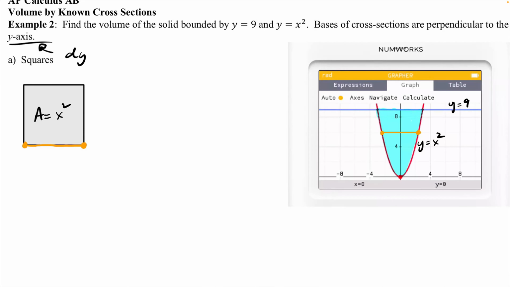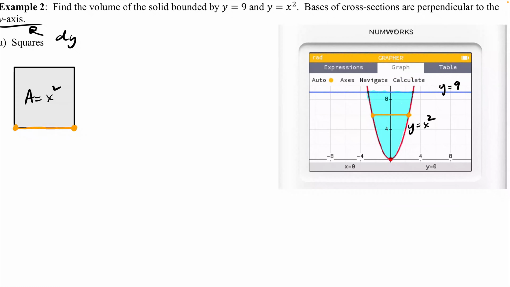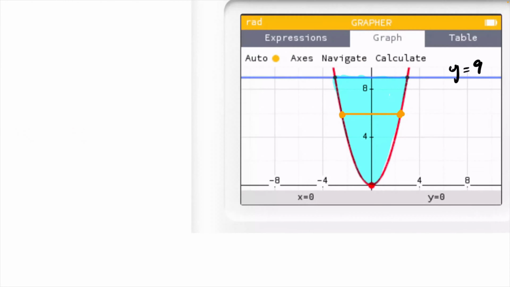There you go, right? So I have to solve everything in terms of y. I have to solve y equals x squared for x. That's the first thing. The square root of y, and we've done that before. We have a positive and a negative, right? The left one's negative, the right one's positive. So where is x positive? To the right over here.